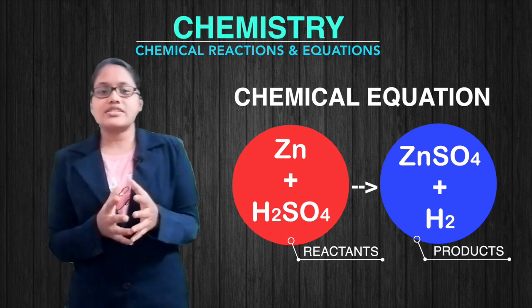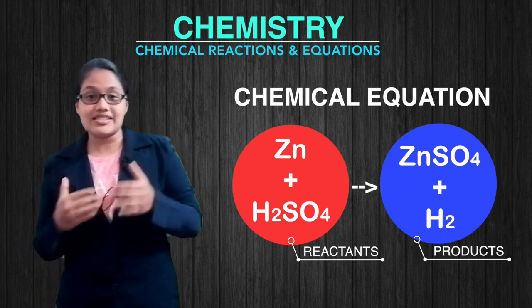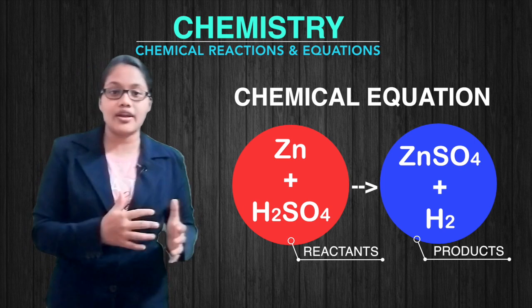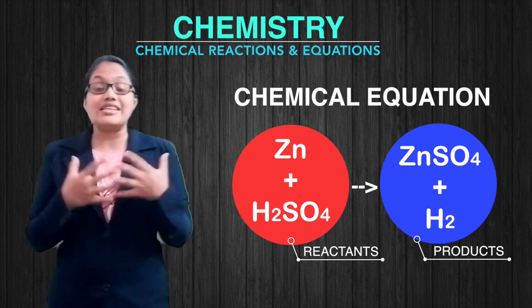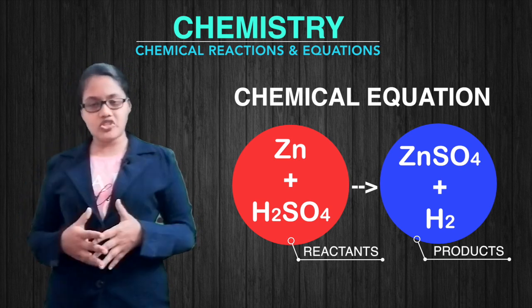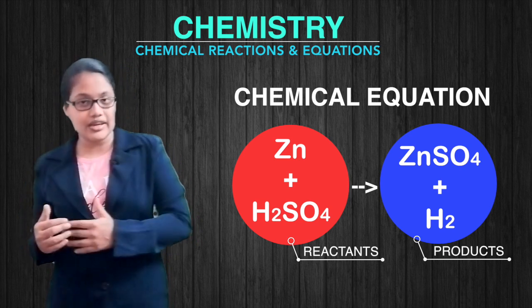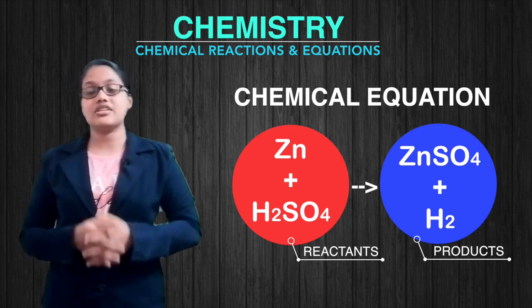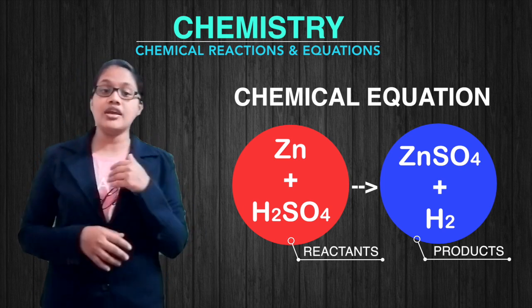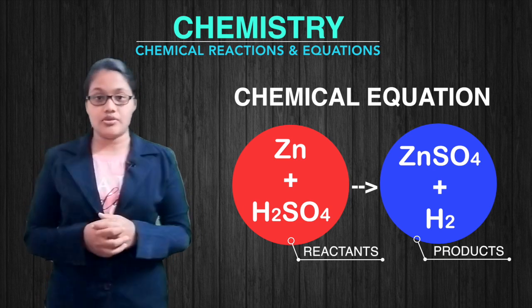So the arrow sign pointing towards the right hand side, between the reactants and the products, indicates that the substances on the left hand side are combining together and they give the substances written on the right hand side of the equation.